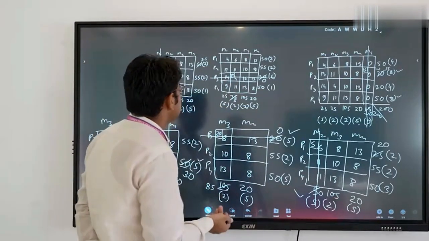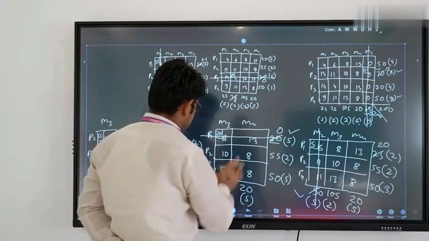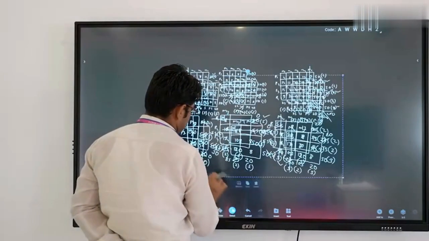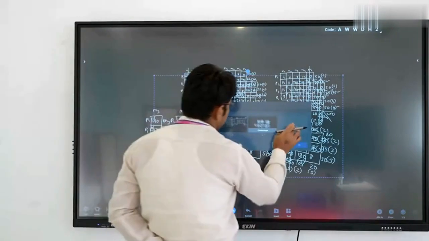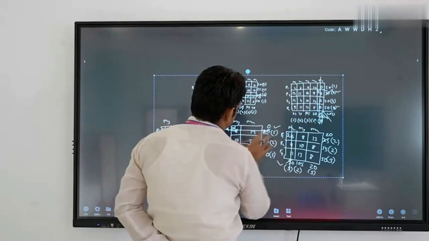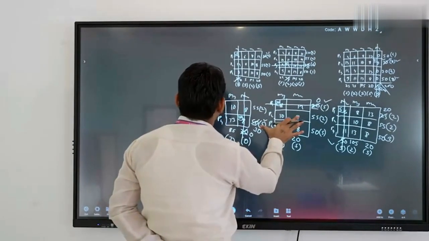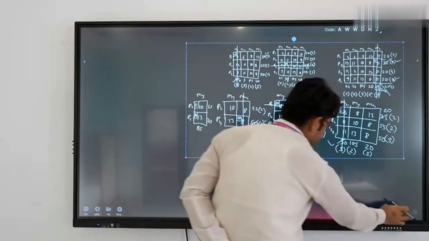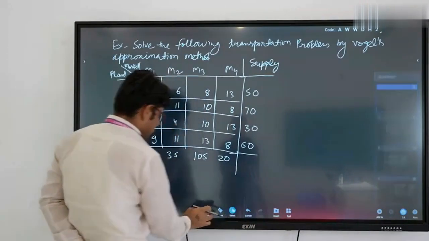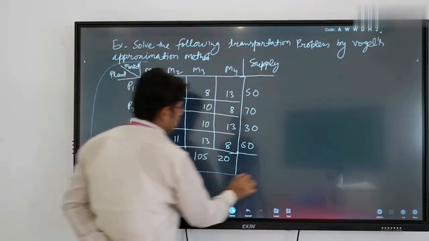So we move to the original table. This is our original table.